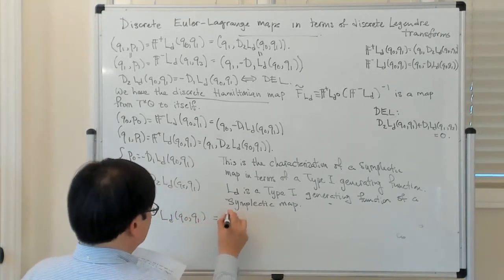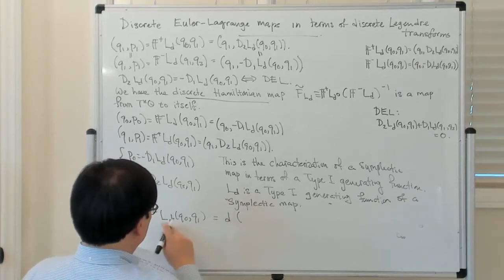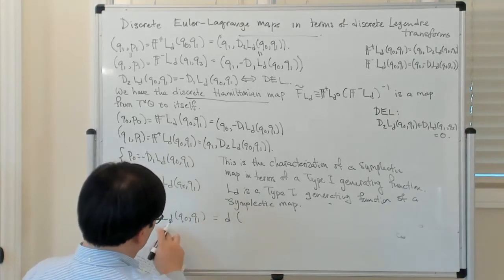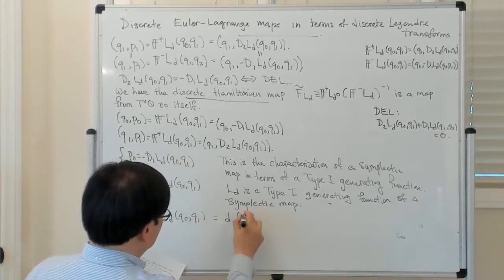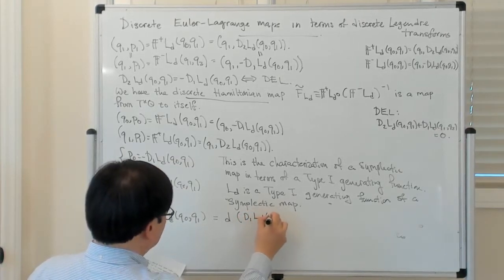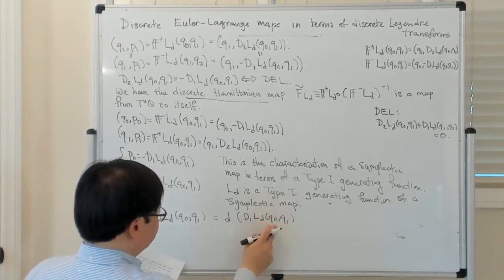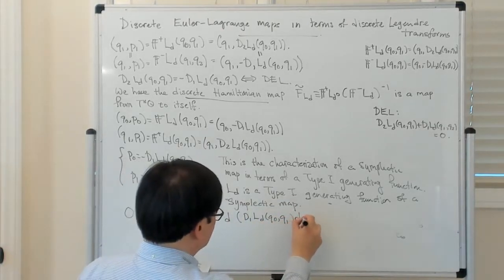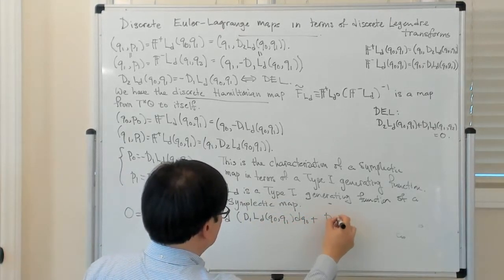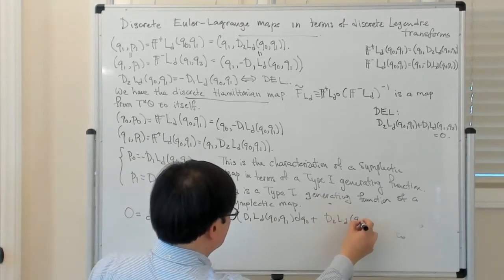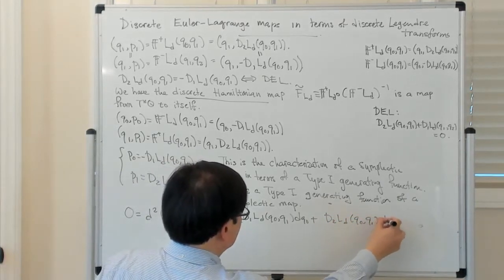This is the exterior derivative of the exterior derivative of LD, and I can evaluate what the exterior derivative of LD is. This is D1 LD(q0, q1) dq0, since I've differentiated with respect to q0, plus D2 LD(q0, q1) dq1.